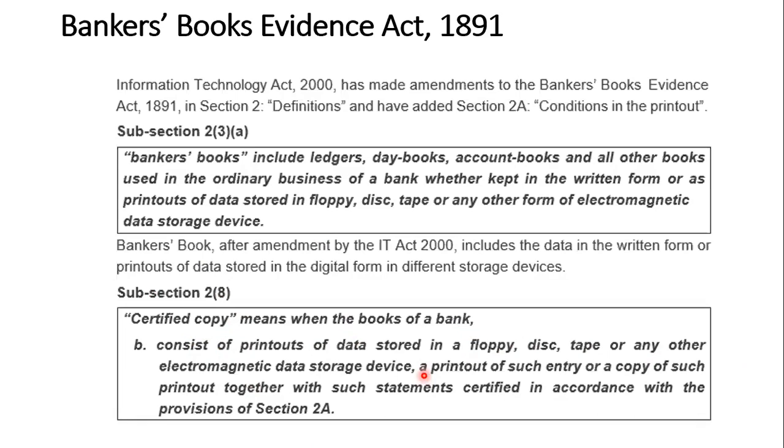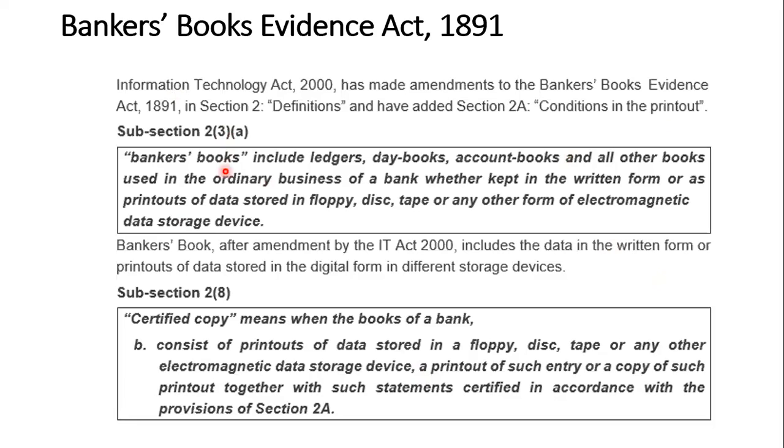So that was amended again to allow the conditions for the printouts. Similarly, the printouts need to be accompanied by the certificates described in section 2A, which was added after amendment by the IT Act 2000. The first certificate is required, stating that it contains the extract from the official records of the bank.